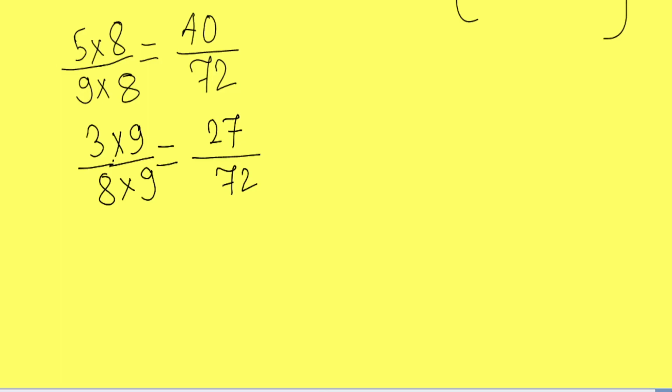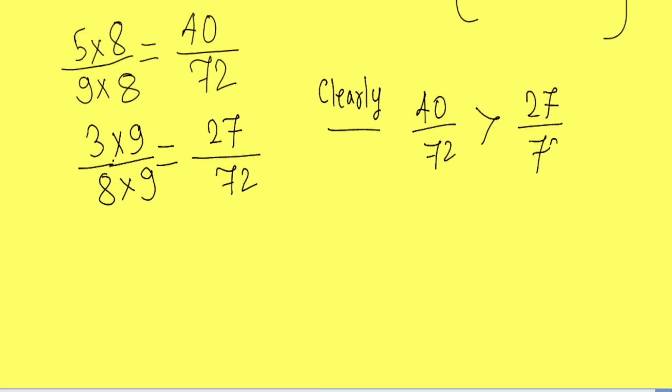Whose numerator is less, that number is smaller, and whose numerator is greater, that number is bigger. So we can clearly see here that 40/72 is greater than 27/72.